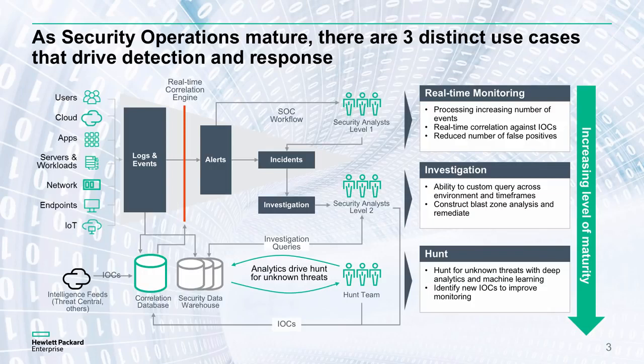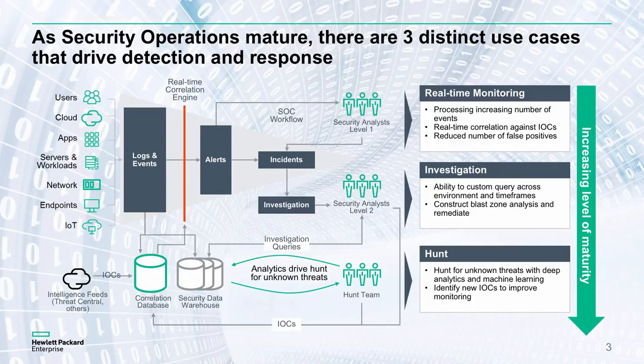So Arcsight, as a set of products, addresses a number of key areas around this, not just one particular product, but actually a number of specific sets within this security operations environment.